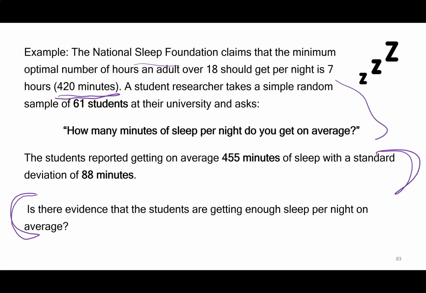And here is our question of interest: is there evidence that the students are getting enough sleep per night on average? It's not word for word what we would want to see, but it's basically getting at, hey, is the average amount of sleep per night of all students at this university greater than 420?